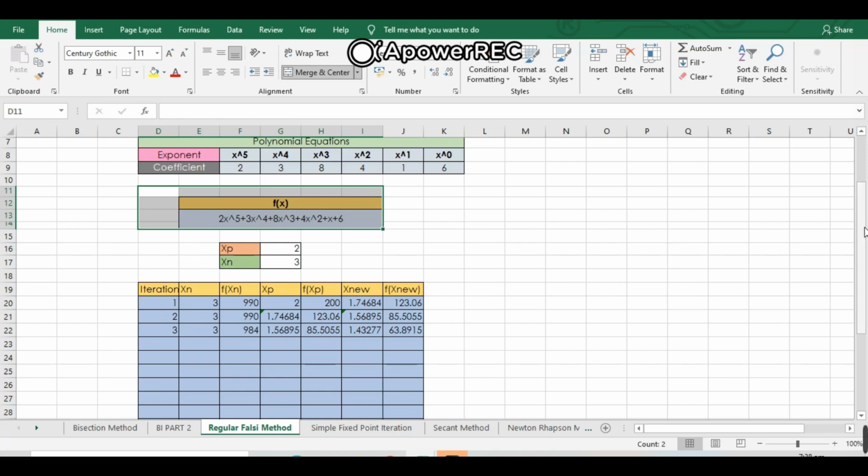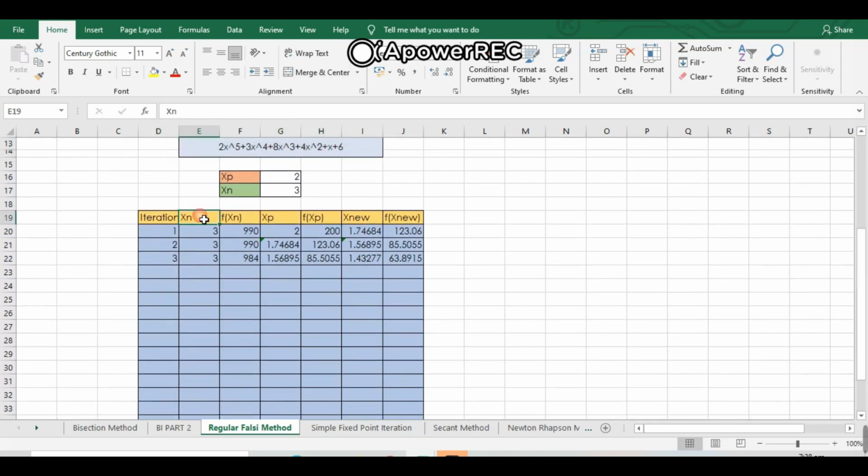To solve for the iteration, for x sub n, just input the number, and for f of x sub n, substitute the x sub n into the equation of f(x). For x sub p, input the number, and for solving f of x sub p, substitute the x sub p into the formula of f(x).